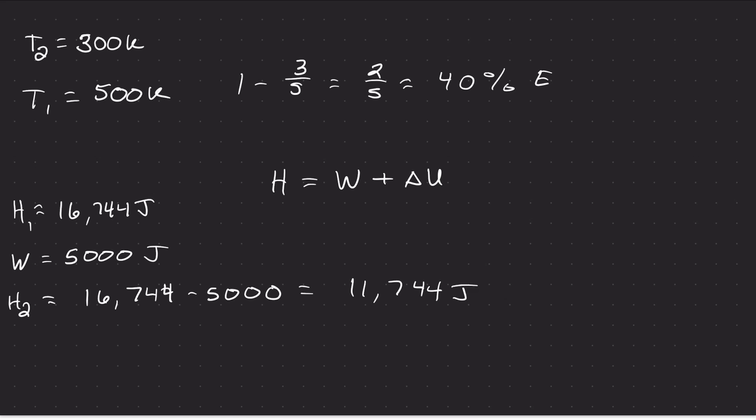We can also express this in kilocalories. We do 11,744 divided by 4,180, which is how many joules are in 1 kilocalorie, and we get 2.8 kilocalories.